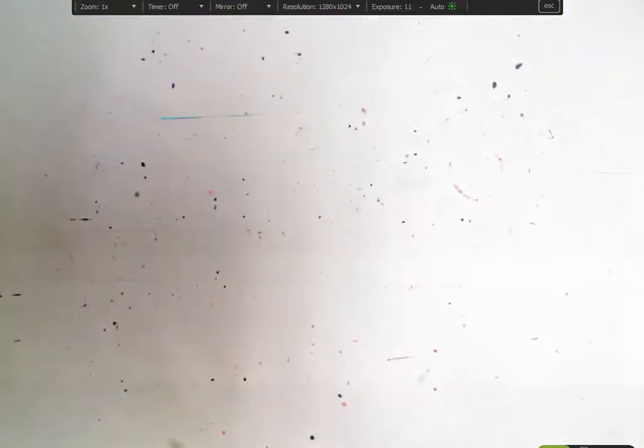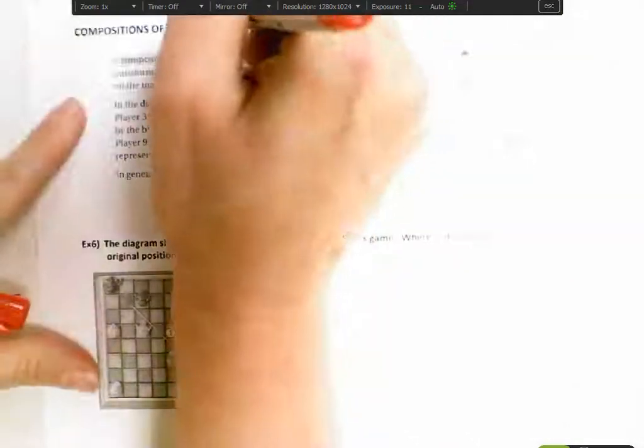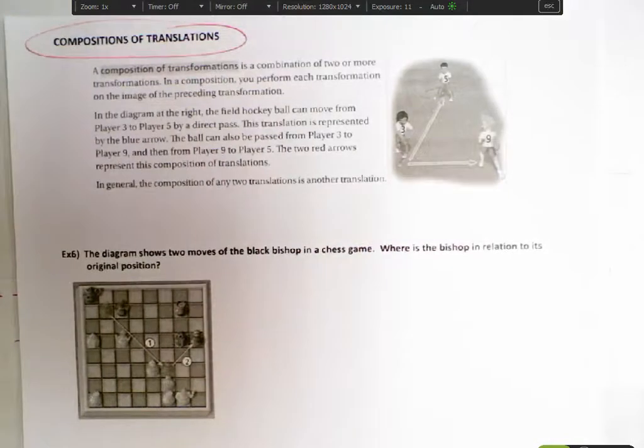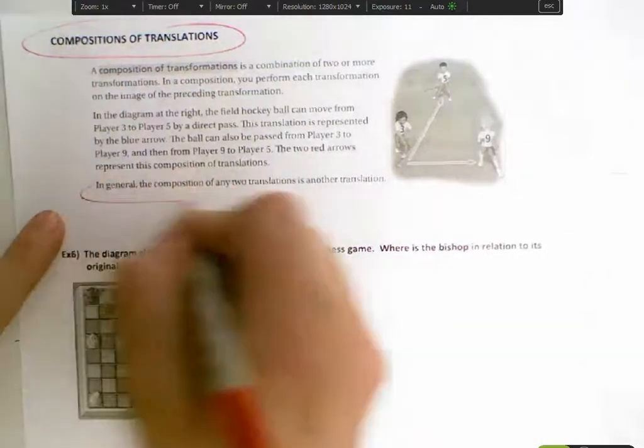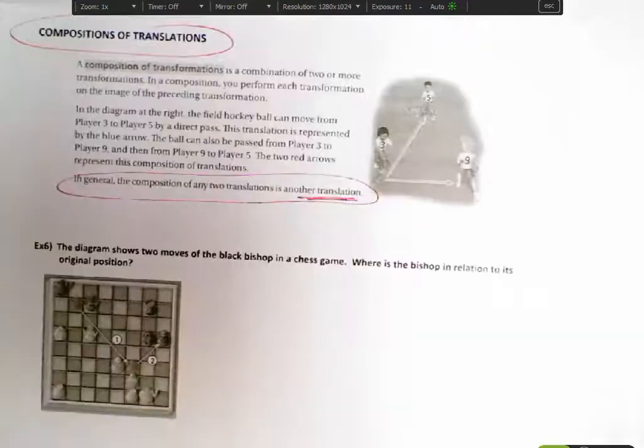And the last piece of information deals with compositions. So compositions of translations are pretty basic. A composition of any two or more translations is just another translation.